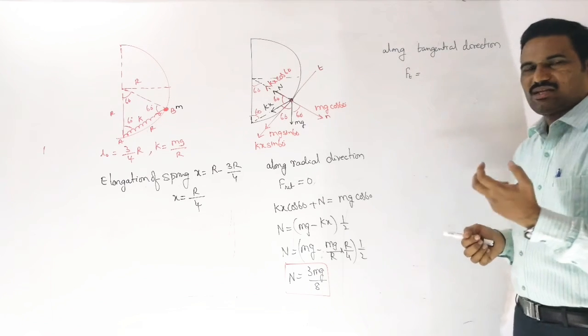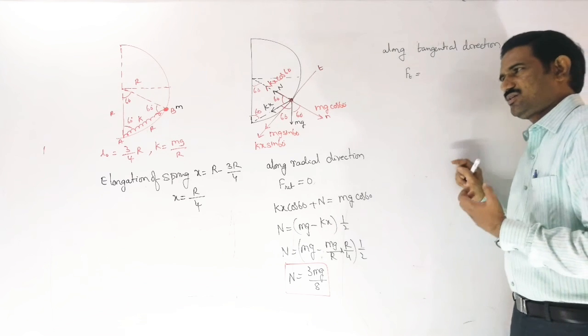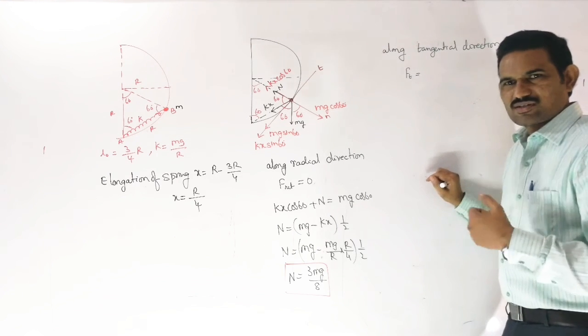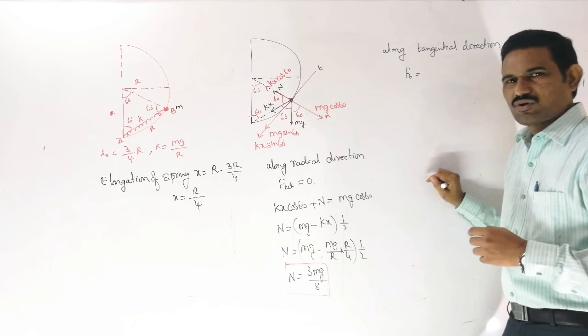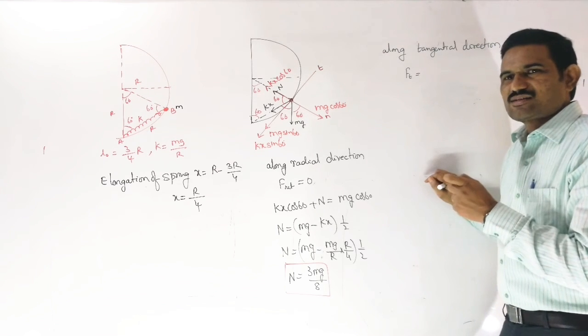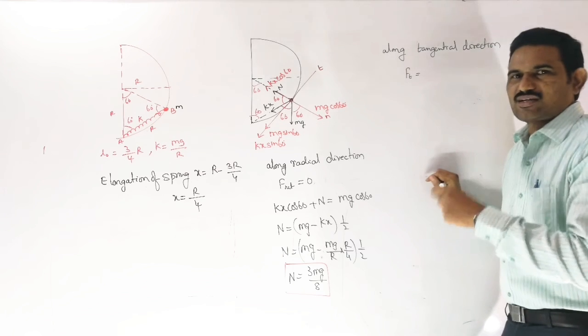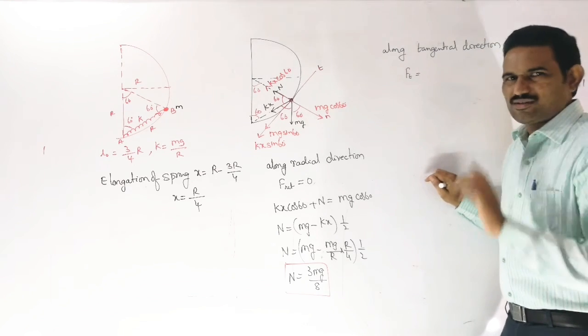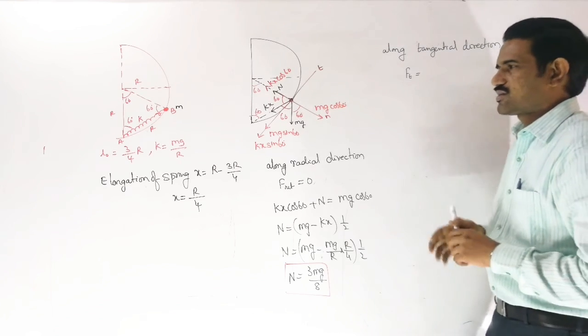We will discuss in detail about tangential acceleration and centripetal acceleration after this friction topic, in circular motion, where you will get more clarity. Simply, tangential acceleration means there is some net force acting along the tangential direction which produces acceleration along the tangential direction.